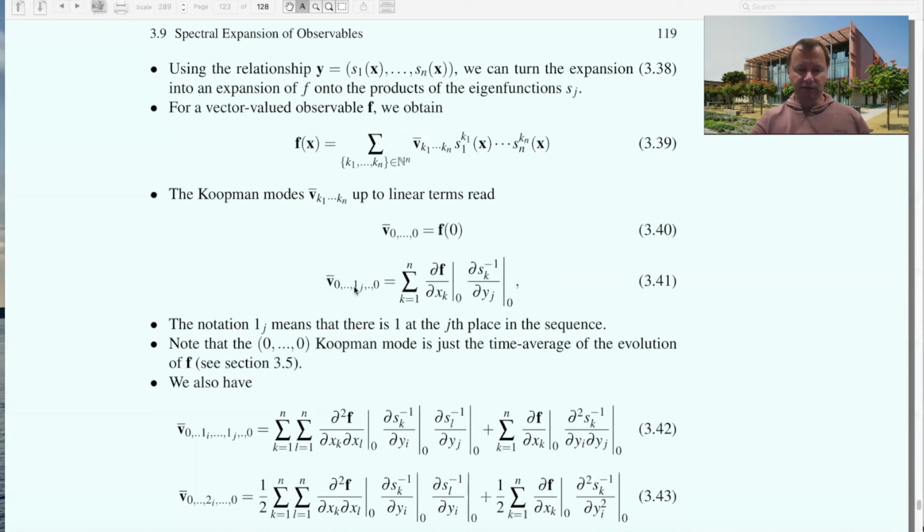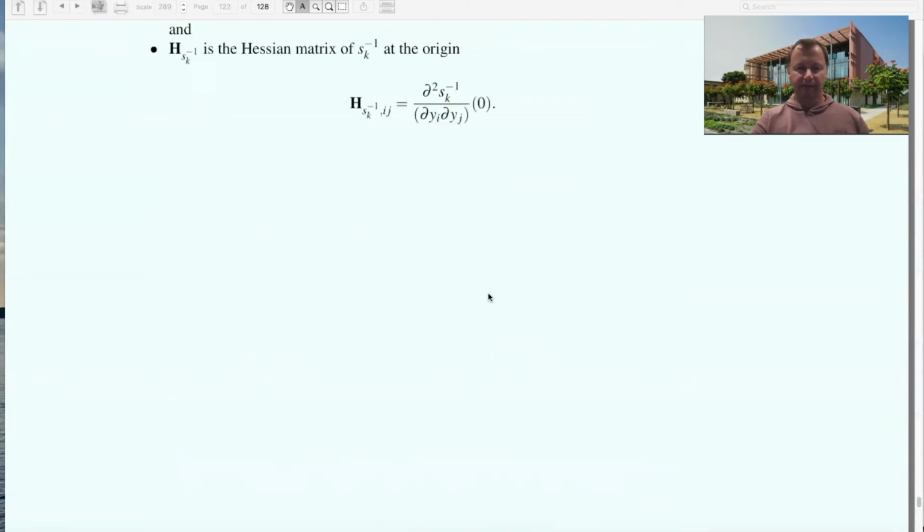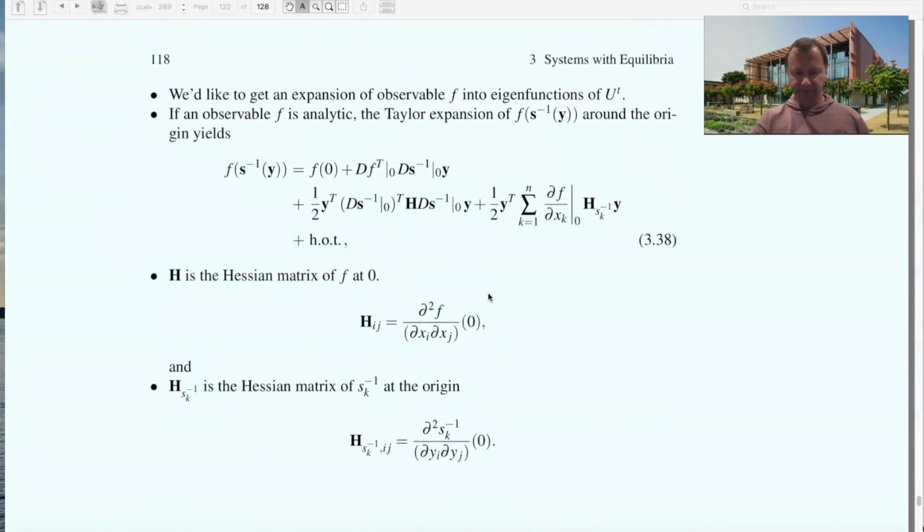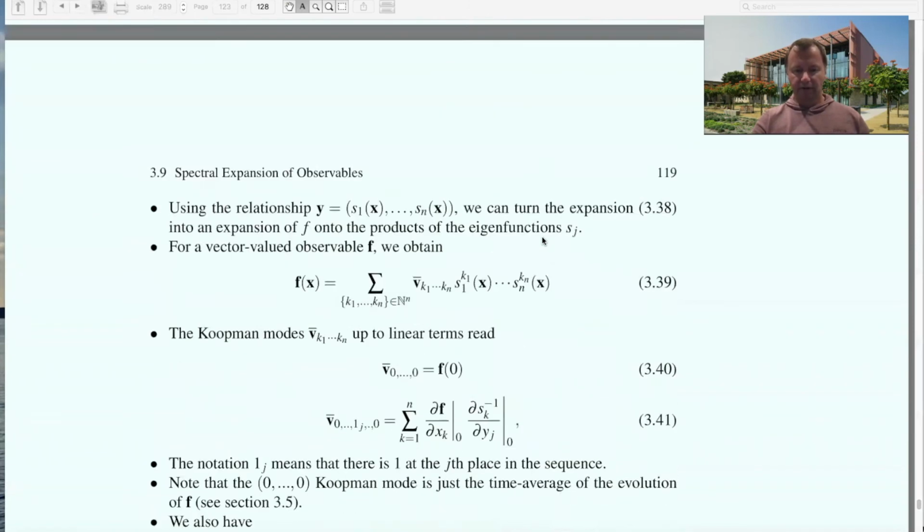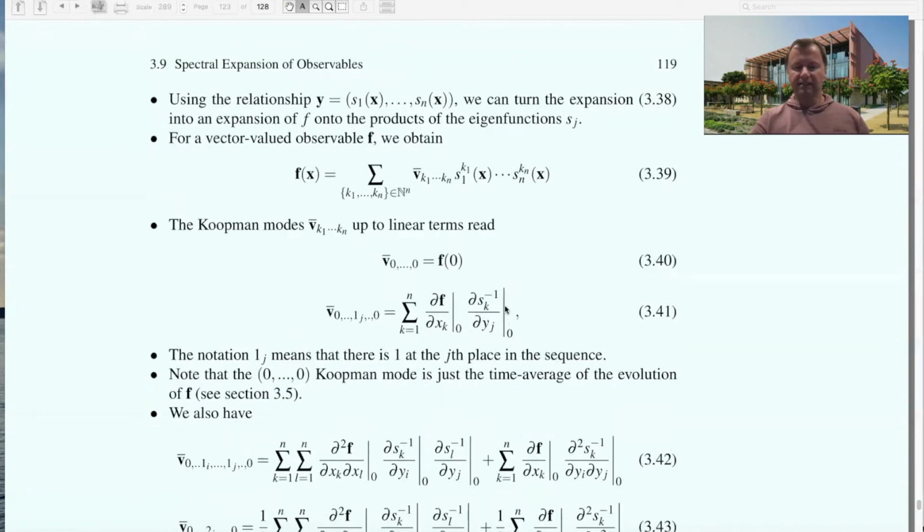Now, V bar, the first Koopman mode, if we put just one at the jth position here, then we obtain partial F with respect to xk at 0, partial sk inverse with respect to yj. That on scalar case, you can see up here. So that's the Koopman mode, the order 1 Koopman mode. There are, of course, many of them, right?